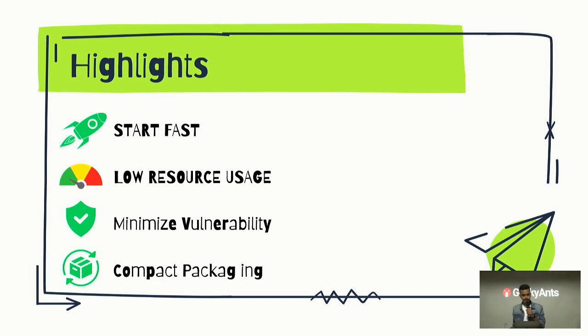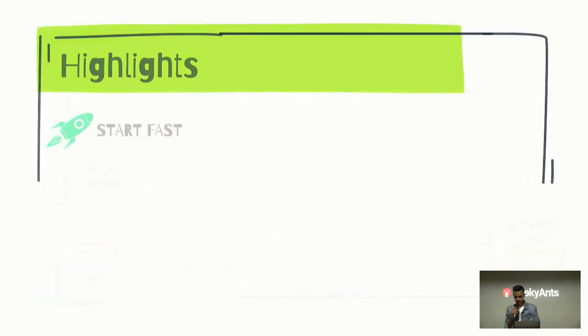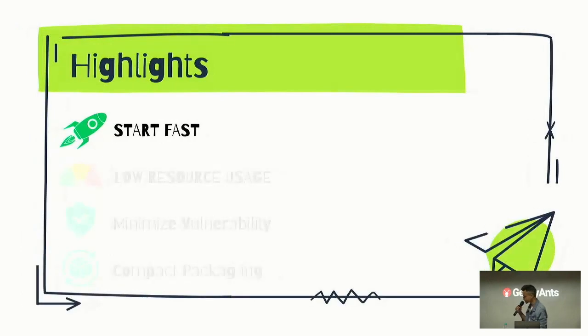If you create a native executable using GraalVM, whenever you run it, it will use fewer resources of your infrastructure compared to JVM-based jar executables. Next is that it minimizes vulnerability. How it does that, we will understand later. And the last one is that it provides compact packaging. First, let's understand the fast start feature.